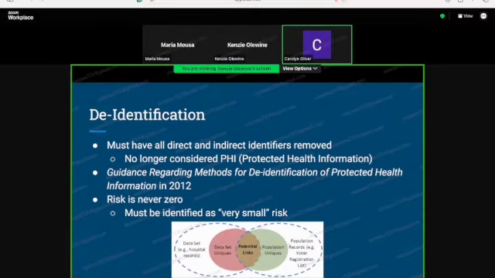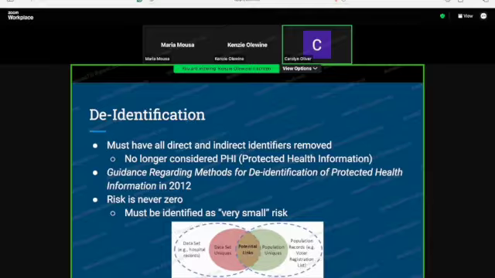So an important part of research now is de-identification. Researchers must have all direct and indirect identifiers removed so that it's no longer considered protected health information. They want to eliminate, or at least make highly improbable, the ability to re-identify using statistical techniques.